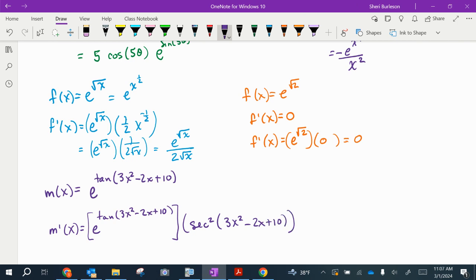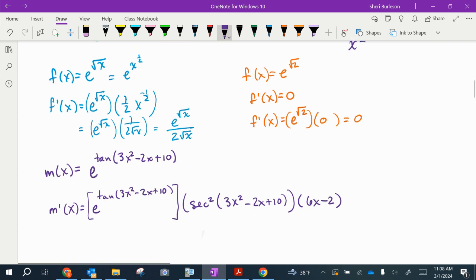And then I have one more inner function. The derivative of 3x squared minus 2x plus 10 is 6x minus 2. And I would not make any attempts to simplify that. I would just leave it that way. Hopefully you did well with that.